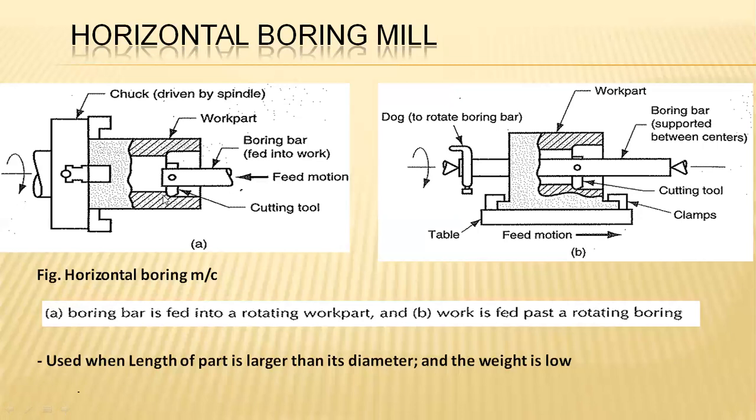We can clearly visualize here that this is the initial bore diameter, and after the working, this is the incremental increase in diameter internally within the work part. So in this case, the work part is fixed and the tool is in dynamic motion with particular feed motions.